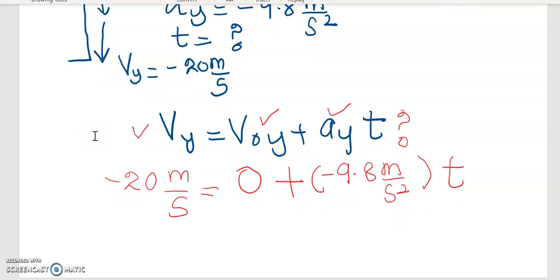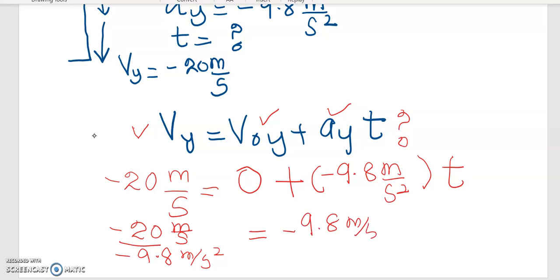I need to separate t on one side, which means I have to divide both sides by negative 9.8 meters per second squared, and you get an answer for t.